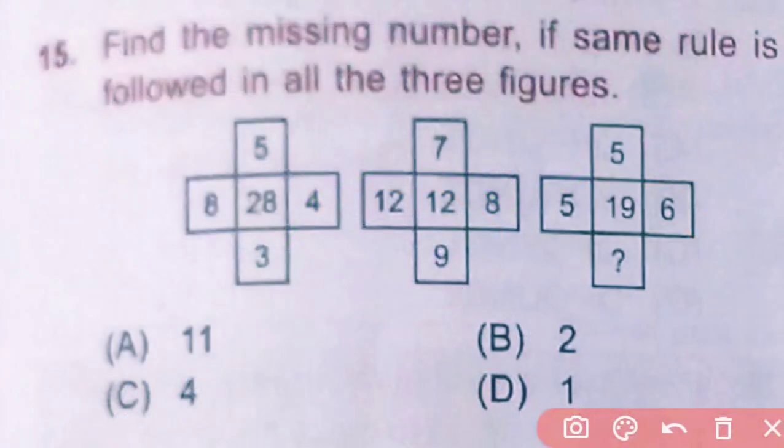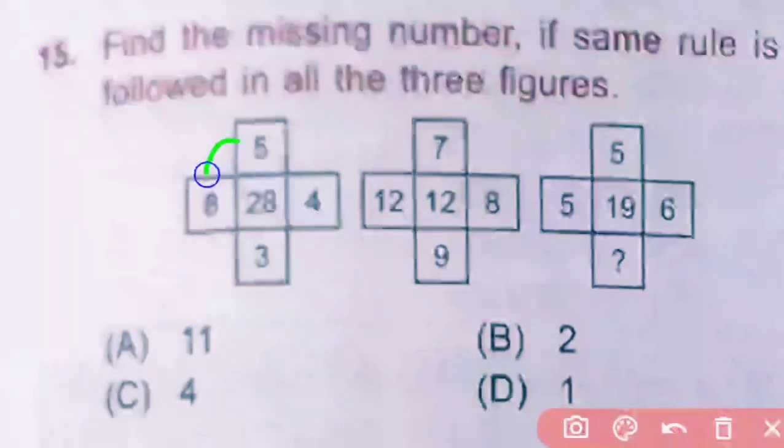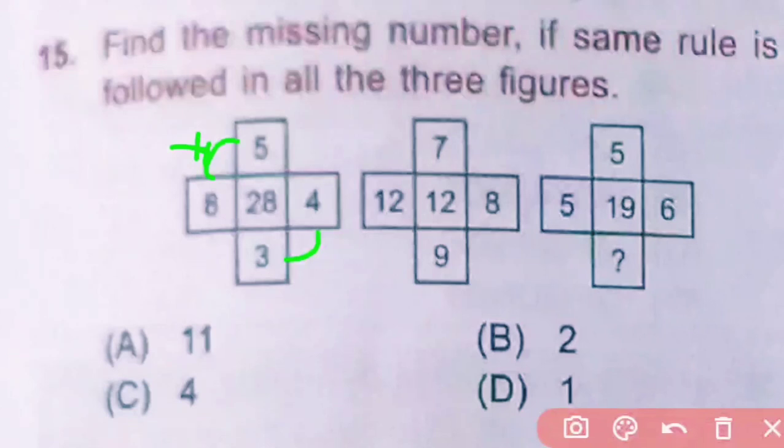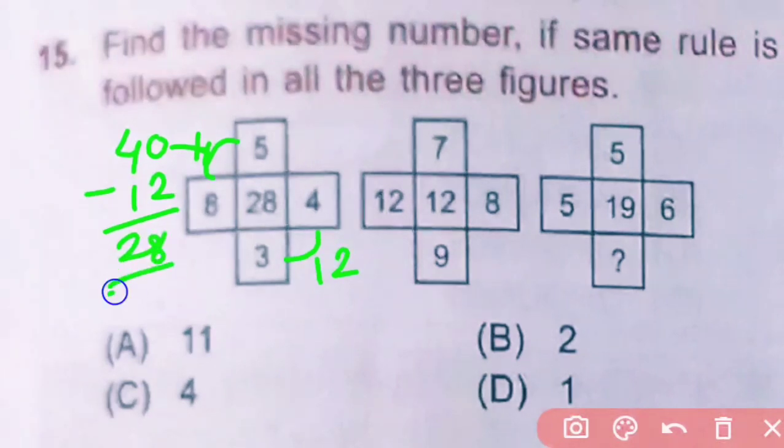Question number 15. Find the missing number if the same rule is followed in all the three figures. Now here the rule is this 2 numbers multiplication minus this 2 numbers multiplication, means 8 5s are 40, 3 4s are 12, means this 40 minus 12, 28.